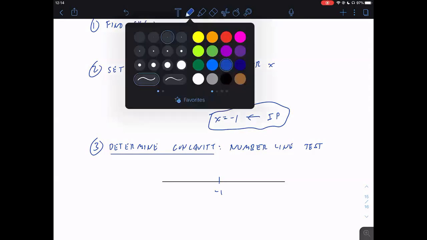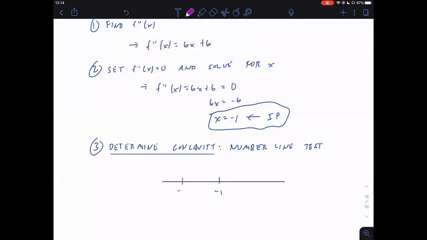So pick a test point before negative 1, I'll just do negative 2. Pick any test point after negative 1, I'll just do 0. And what we're going to do now is plug these into the second derivative, because we want to determine the type of curvature a function has before, between, and after these inflection points.